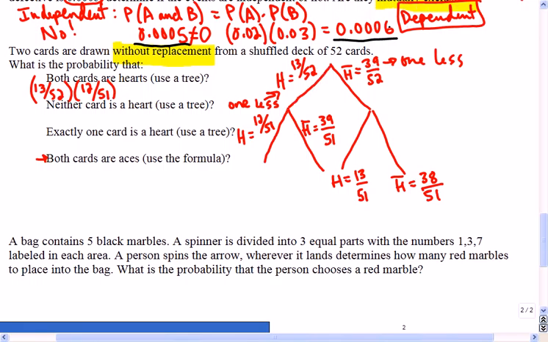So neither card is a heart, then that means I went this way. So it's going to be 39 out of 52. Let me make that a little clearer. 39 out of 52, and 38 out of 51.